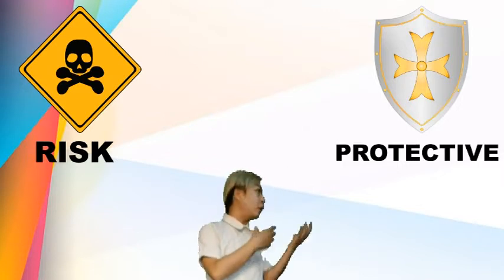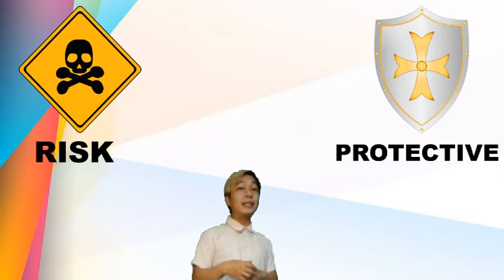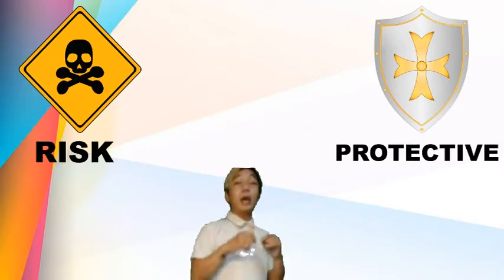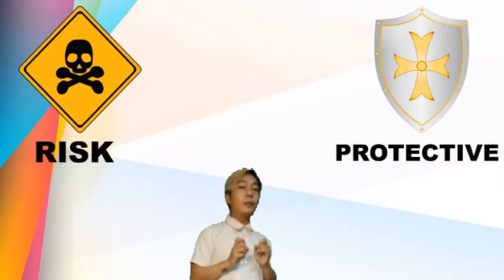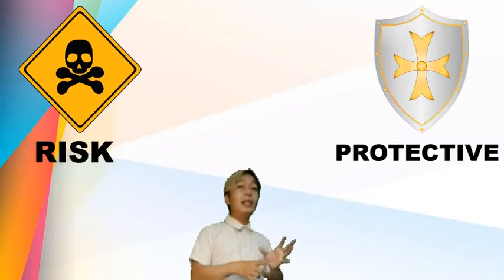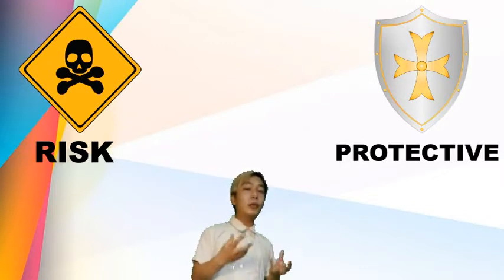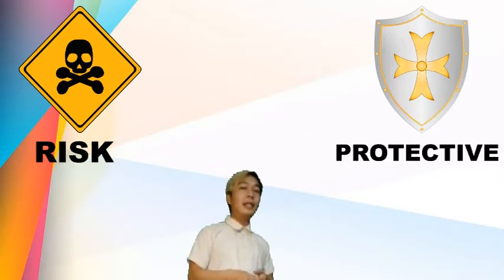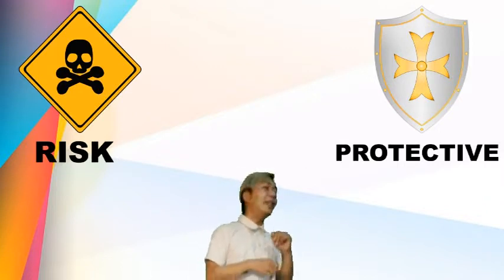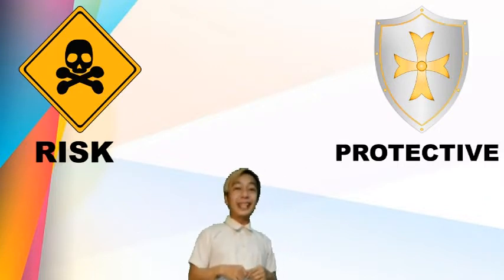Okay, let us dissect the word so that we can identify what it means. So the root word of protective is protect. Which means that, like its symbol, it will shield you or protect you or guard you in any situation.